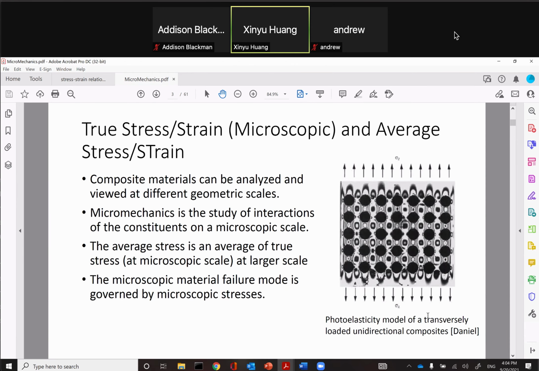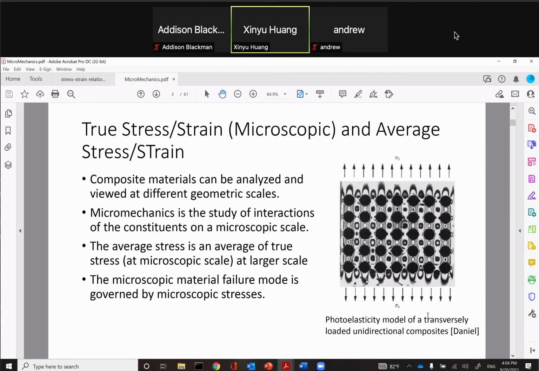All right. So this is very nice work published by Daniel, a professor at Northwestern University. He's pretty old now, probably retired. What he showed is the true stress strain. When you talk about material at small scale, you can look at the true stress strain distribution at a very small scale.